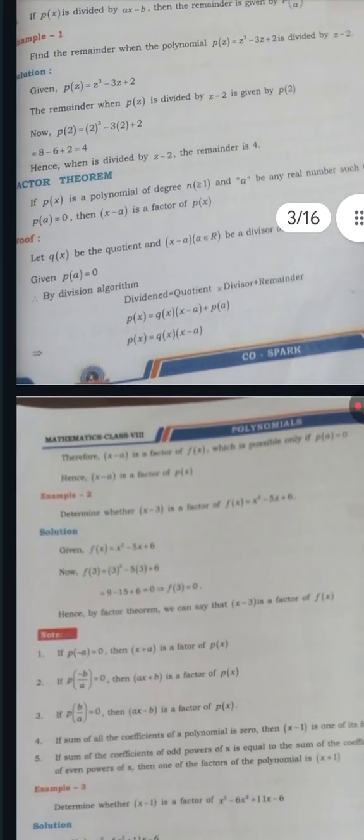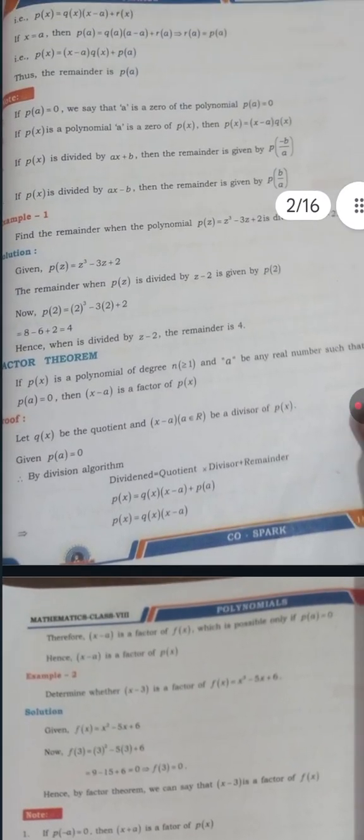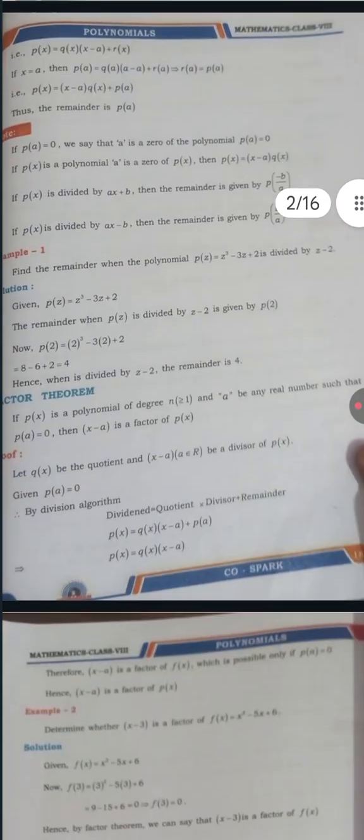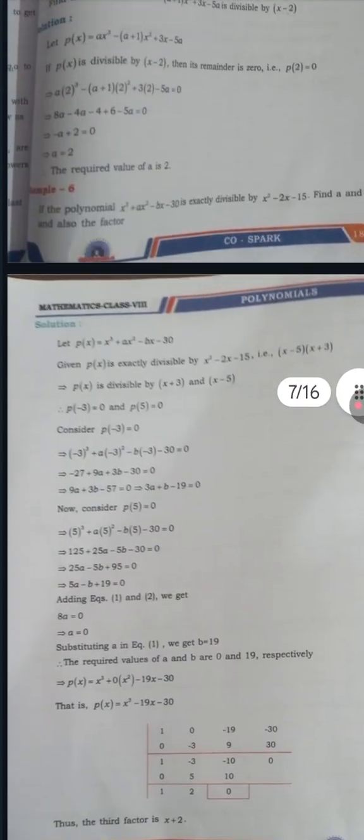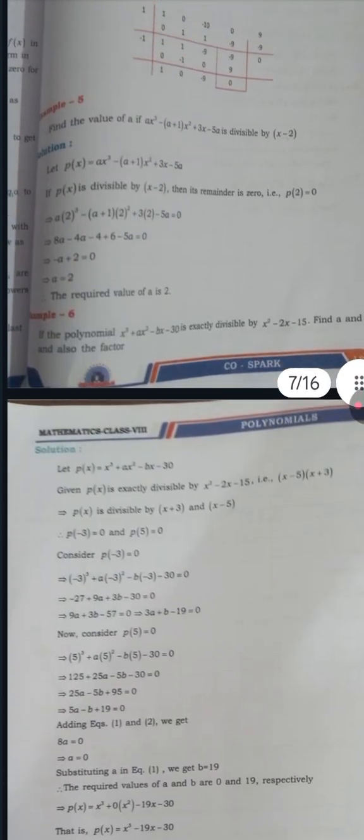There is no gap, guys, so there are no questions. I am going to give you a worksheet in the next video. I hope there are some more questions. There are a lot of examples here. Let's check in one more book. 1 minute, guys.